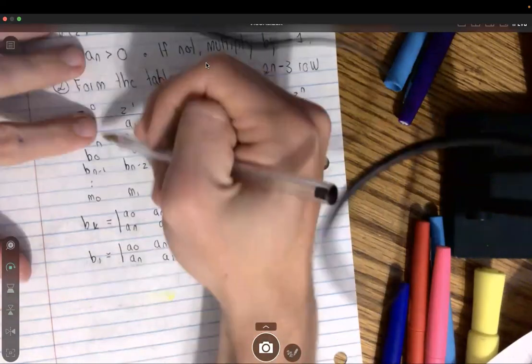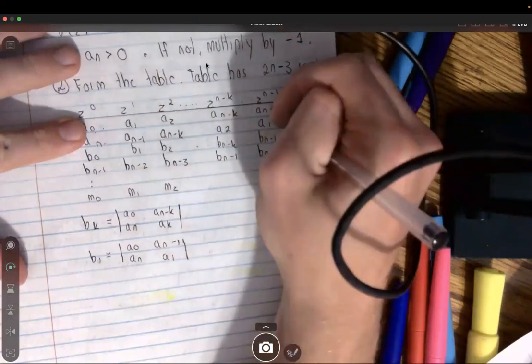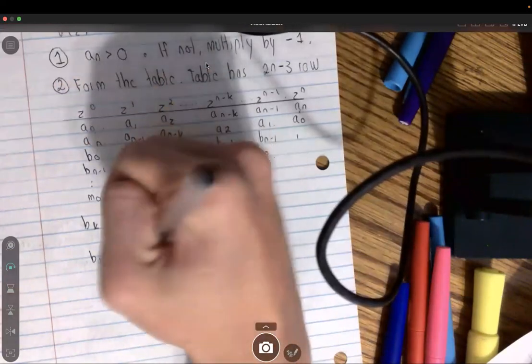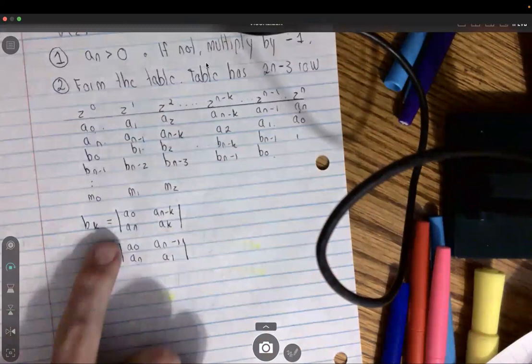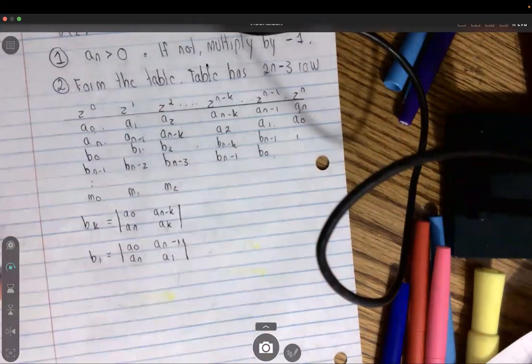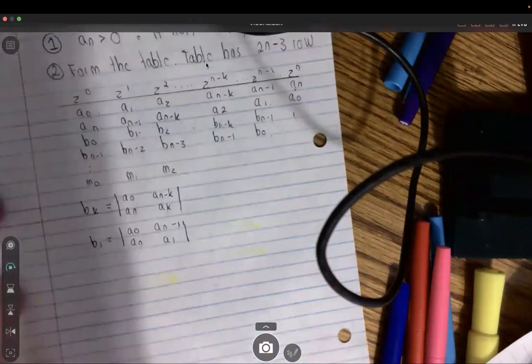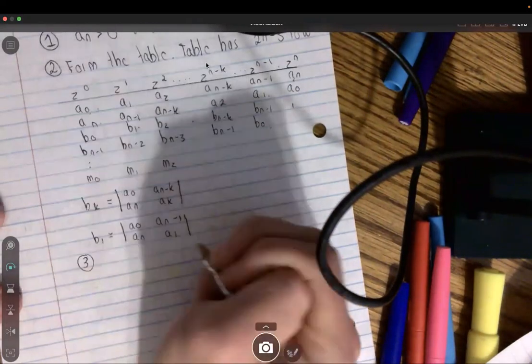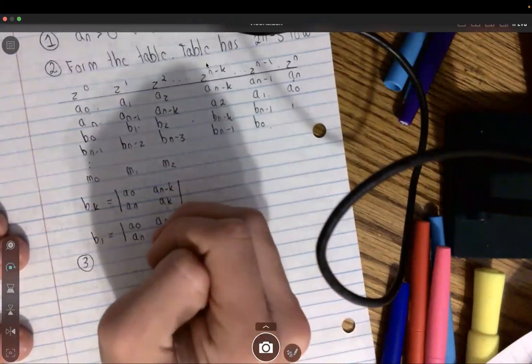So it's going to be these two, and then A of N minus 1, A1. So that would give me my B0 by finding the determinant. So make sure you have those formulas written down that he provides in the notes for finding your determinants and having the Jury's table.